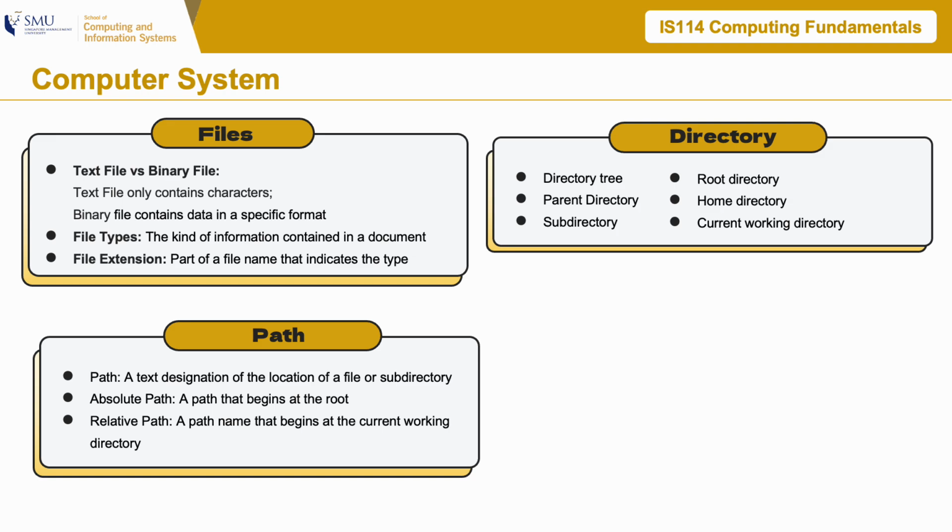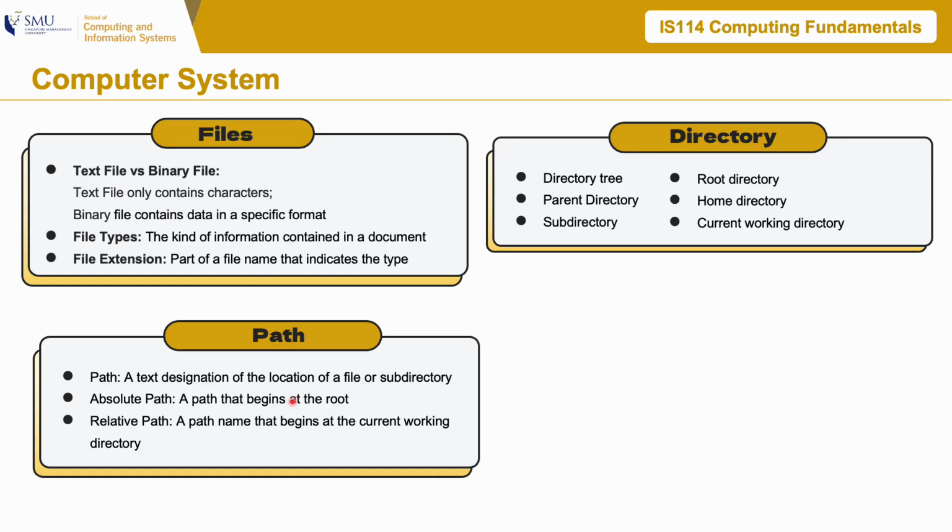A path is simply the address that tells the computer exactly where to find a file or a folder in the directory tree. There are two types of paths, absolute path and relative path. Absolute path starts from the root, and it is the full fixed address that never changes, no matter where you are right now.